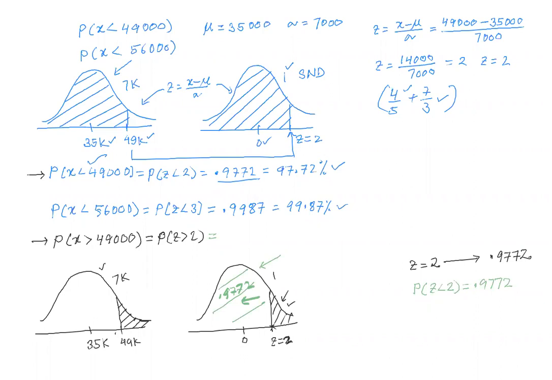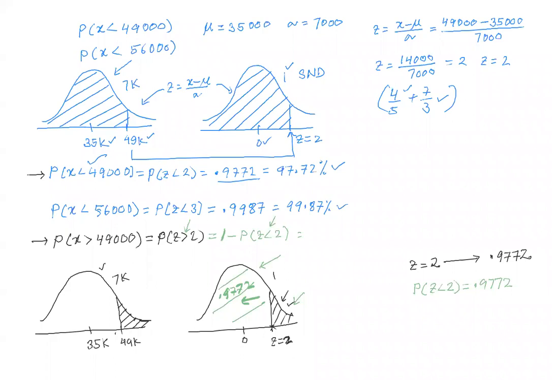Which is 0.0228. So probability of Z greater than 2, which is this area, is in essence 1 minus the probability of Z less than 2. So pay attention to this. Okay, one is greater, another is less. When you subtract it from 1, it has to be less than.